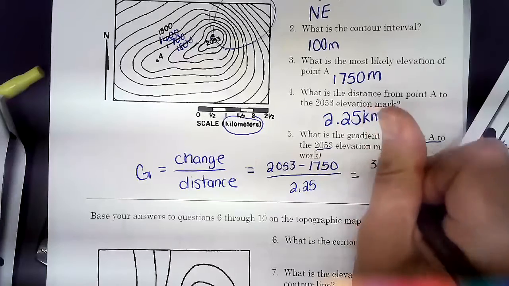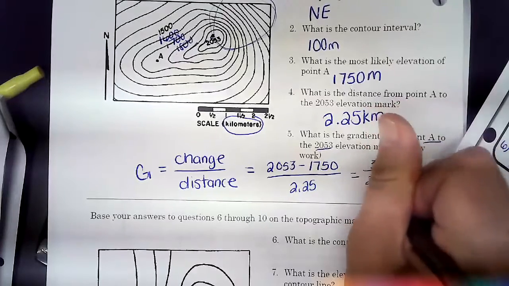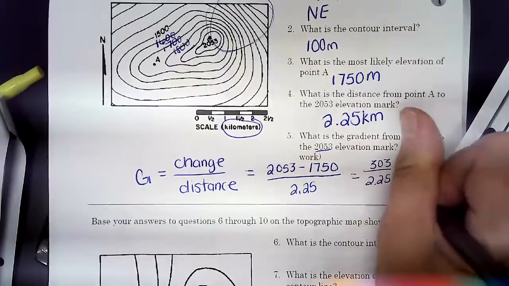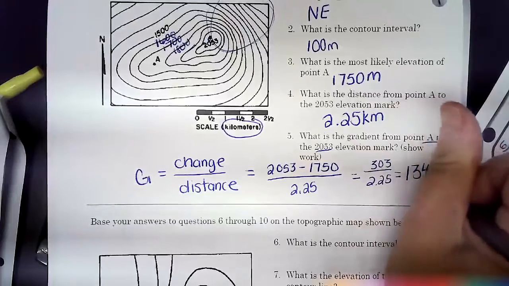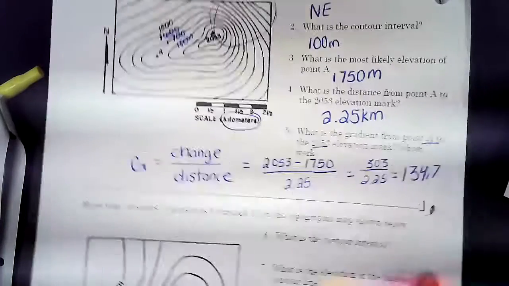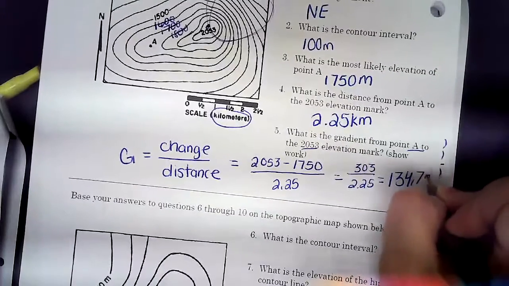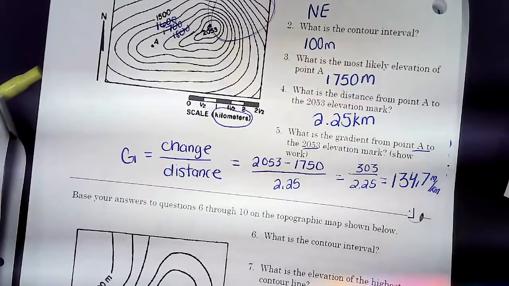For me, I did 103 divided by 2.25, gives me 134.7. Don't leave it naked, meters per kilometer. Any questions on how I did that one?